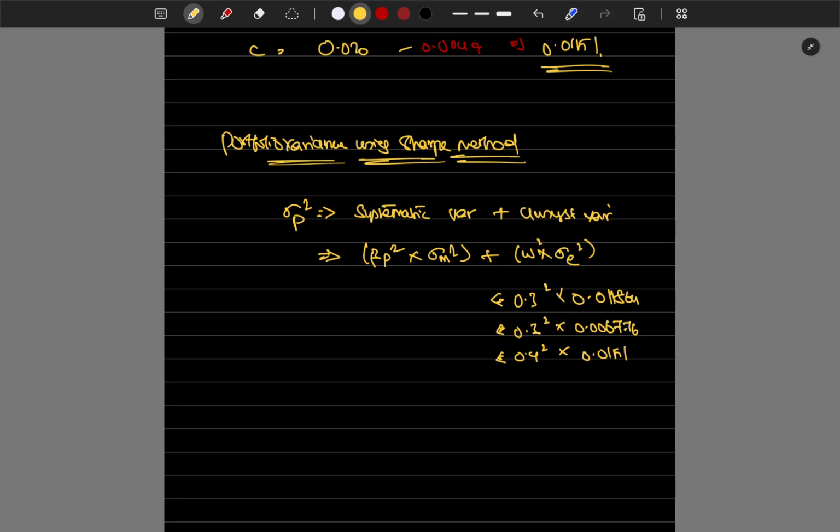Into 0.011864, which is 0.0010677, 0.3 into 0.006776, which is 0.0006098, 0.4 square into 0.0151, which is 0.002416. So we have got the values.